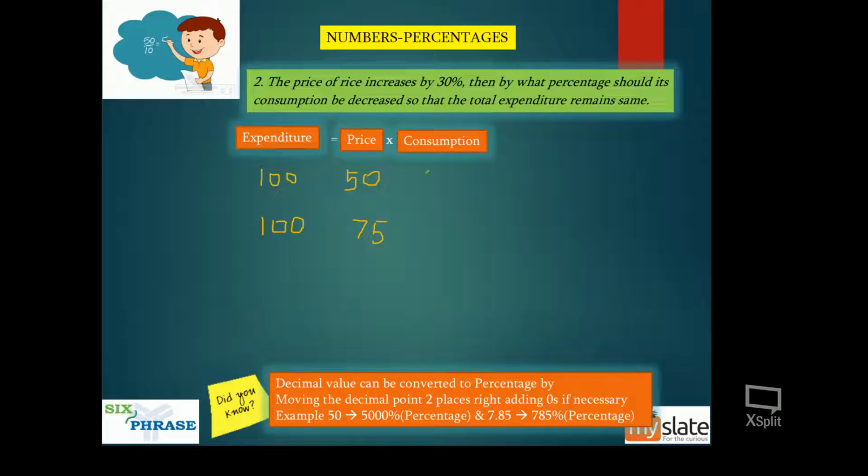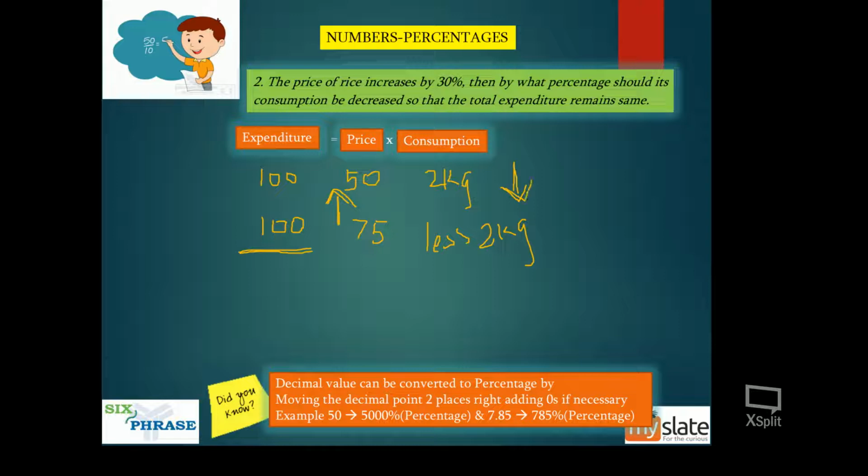So here you are able to get 2 kgs, here surely less than 2 kgs. So you can see as the price increases, guys, what decreases? Consumption decreases for constant expenditure.